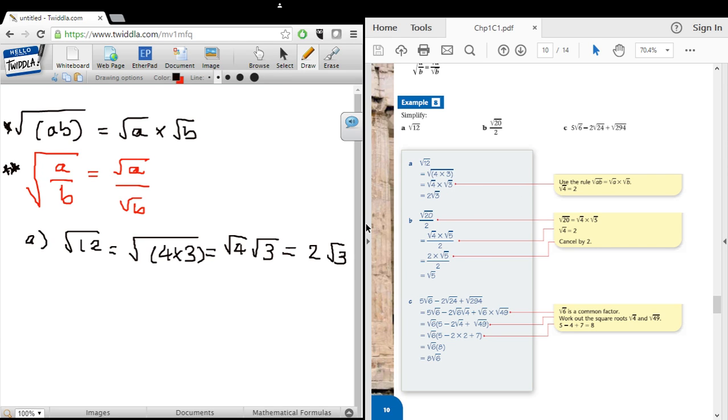Now, once again, I'll explain why we couldn't have used 2 multiplied by 6, because this would have given us the square root of 2 and the square root of 6. Now again, we could have said that this is equal to the square root of 2 and the square root of 3. Okay, now this is as far as it goes.